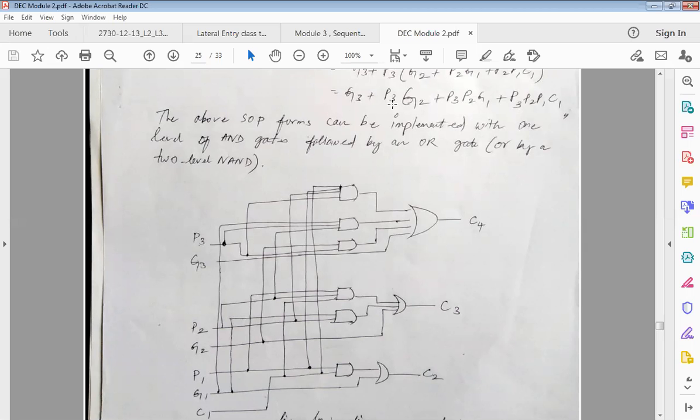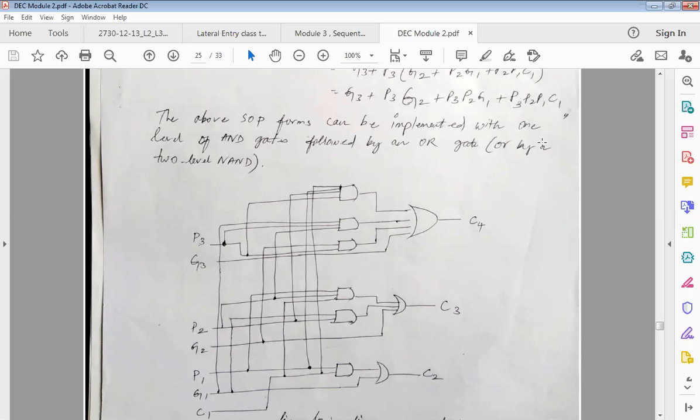So I can say P3 G2 is a product term. P3 P2 G1 is a product term. P3 P2 P1 C1 is a product term. So all these are added. So sum of products. As you can recall in the previous lectures, we had seen SOP form, POS form, product of sums.